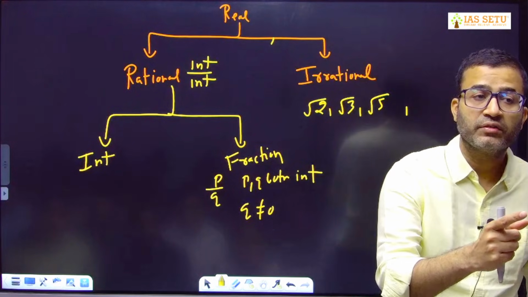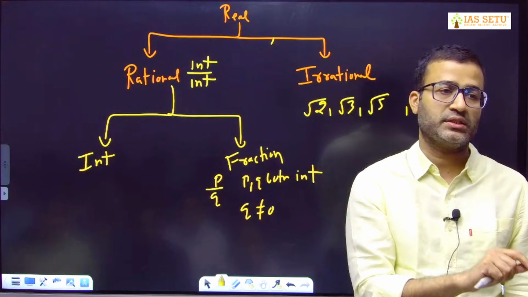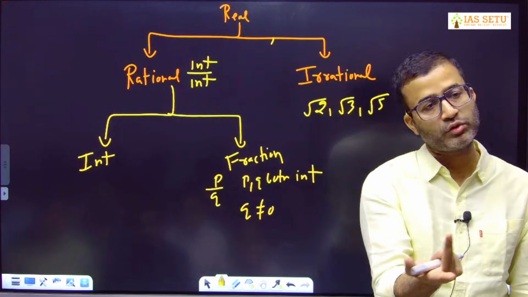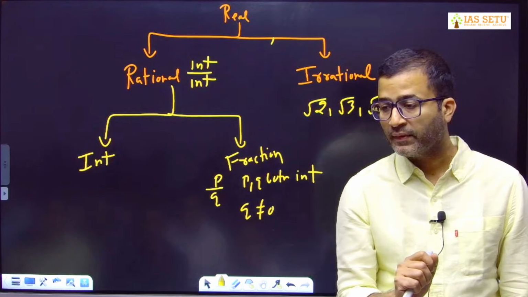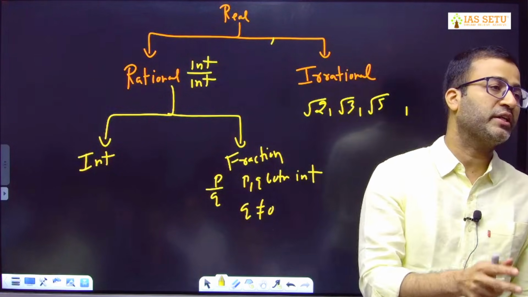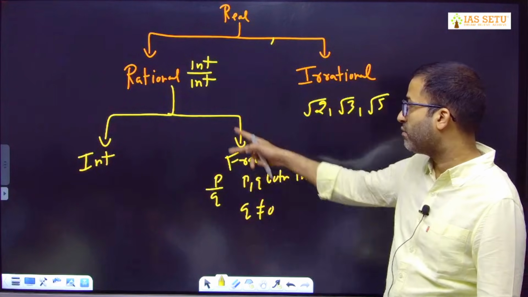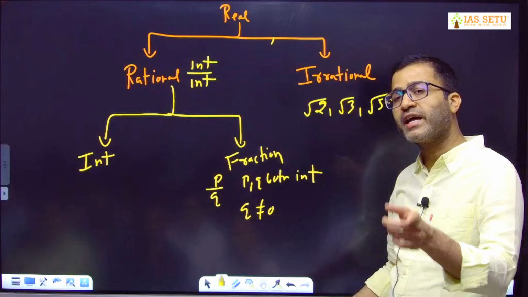Yes, a fraction can also be written in decimal, and a rational number can also be written in decimal. If I write 1/2 as 0.5, it will still be considered rational. This is not the point. P should not be a multiple of Q. Here we have two conditions, but in a fraction we have one extra condition.